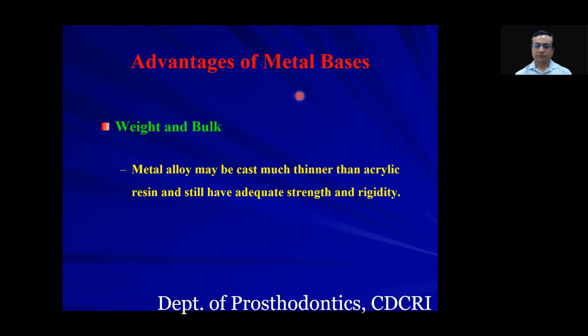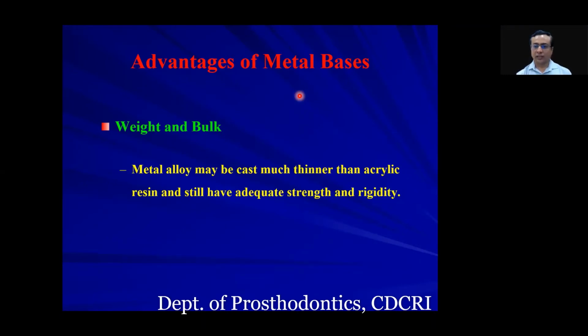Therefore, in case of removable partial denture, for distal extension cases, we prefer acrylic denture bases, and for tooth supported cases, we prefer metal denture bases. Because in a tooth supported partial denture, there are fewer chances of alveolar bone resorption. In tooth and tissue supported or distal extension partial dentures, there are more chances of alveolar bone resorption.